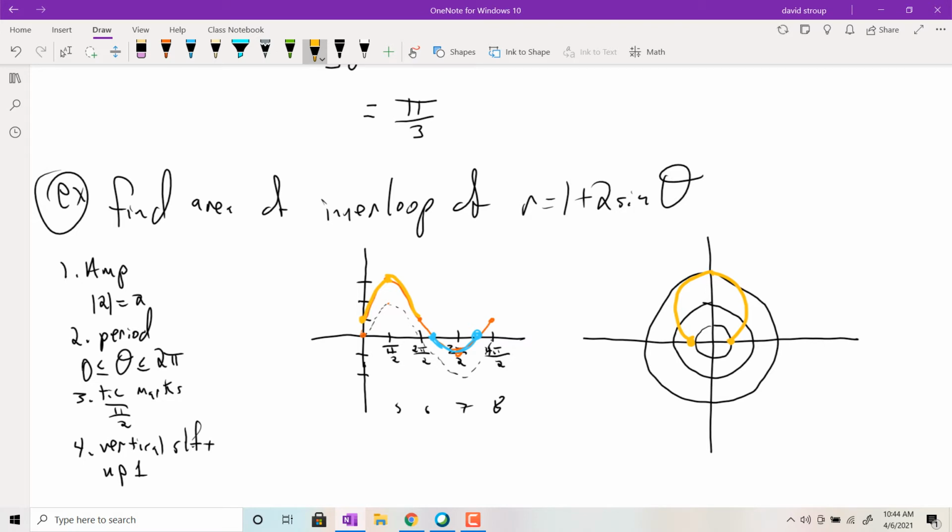And then from pi to 3 pi over 2, which is basically this sector, the third quadrant, it's going to dip negative. So it's going to go to the negative side of your arm in this region somewhere.